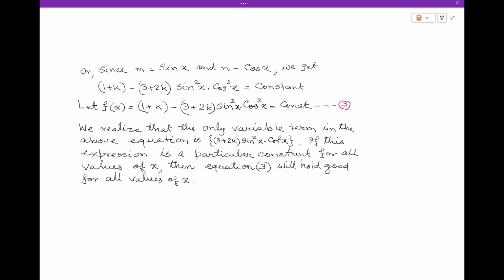We realize that the only variable term in the above equation is 3 plus 2k multiplied by sin square x into cos square x, because the other term 1 plus k is a constant since k is a constant. If this expression is a particular constant for all values of x, then equation 3 will hold good for all values of x.